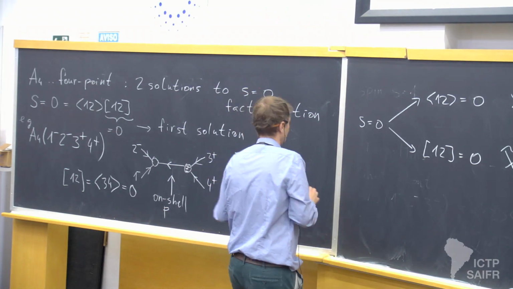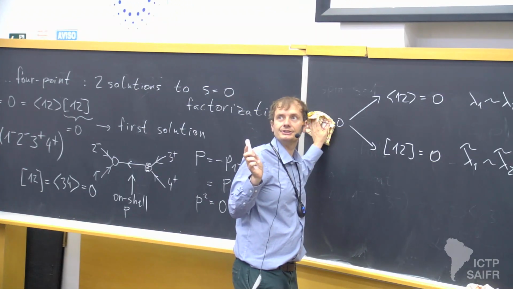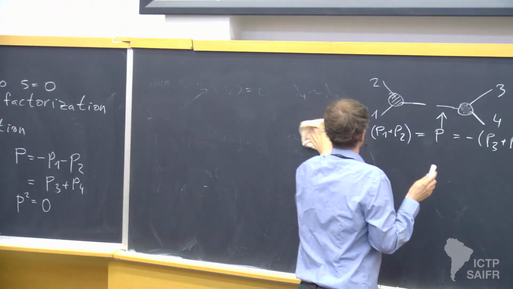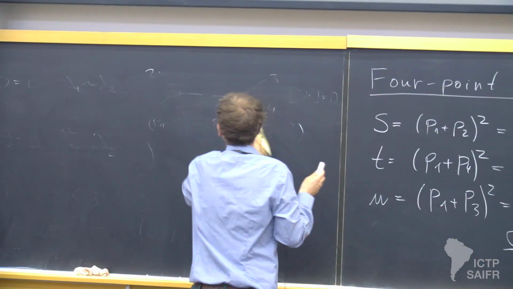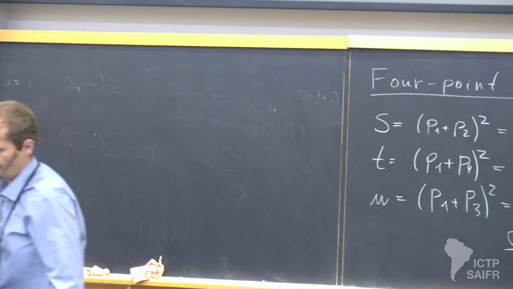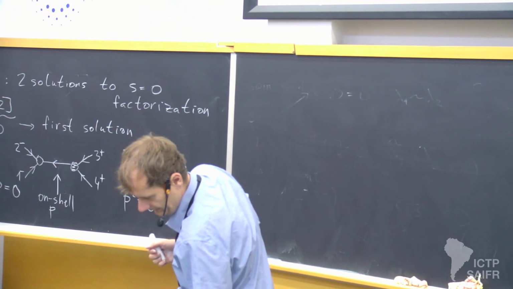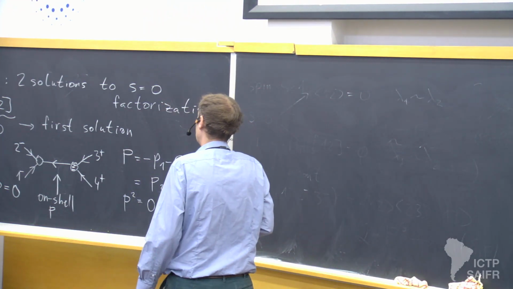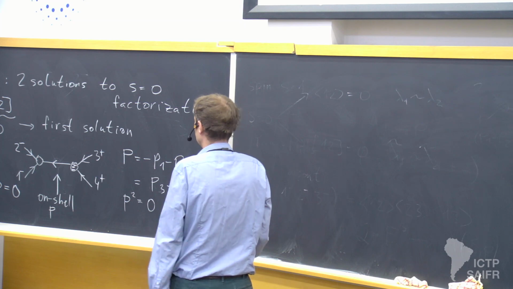Okay, good. So, more questions? This was about kinematics. Okay, I will continue. I will erase this and continue here. And this statement is also true in other channels as well.